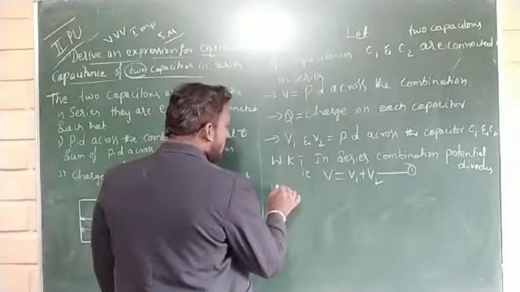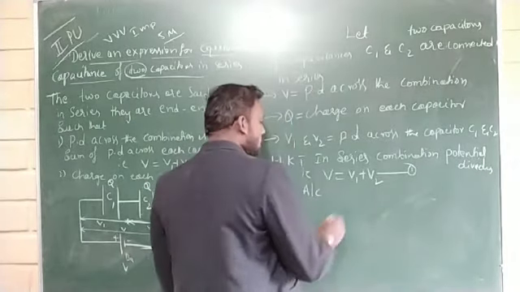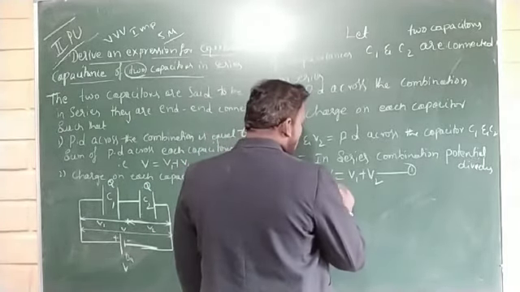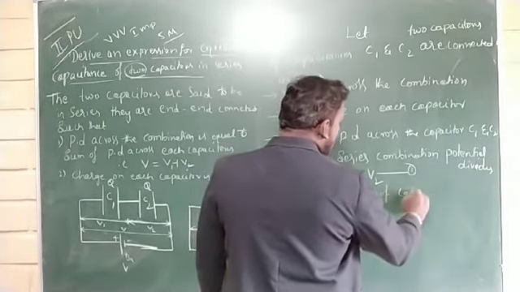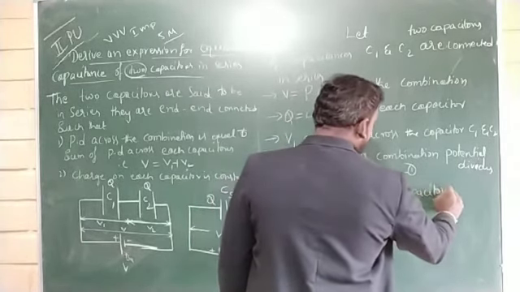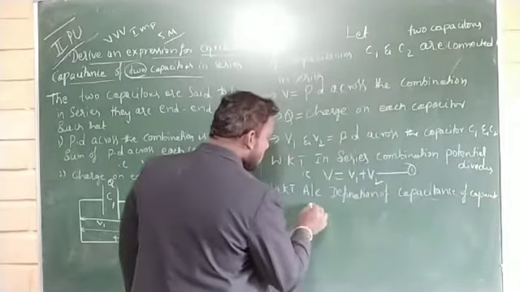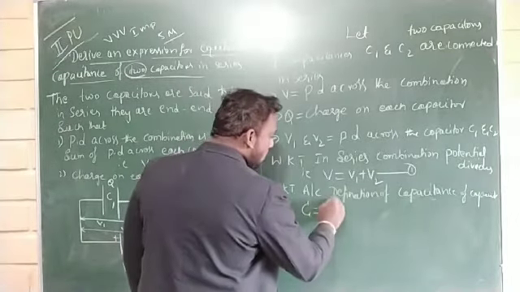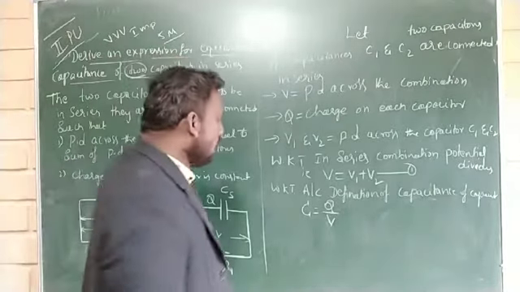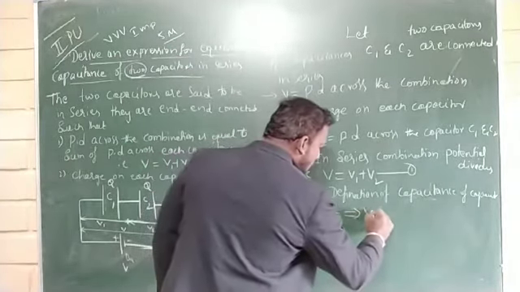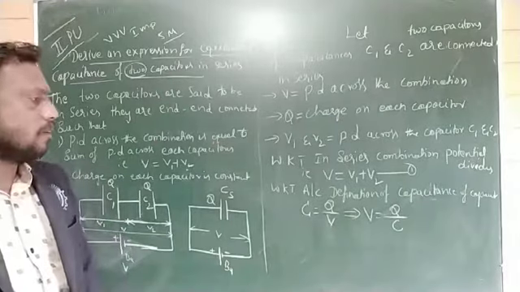Next, we know that according to the definition of capacitance of a capacitor, C is equal to Q divided by V. So V is equal to Q divided by C. Call it equation number 2.